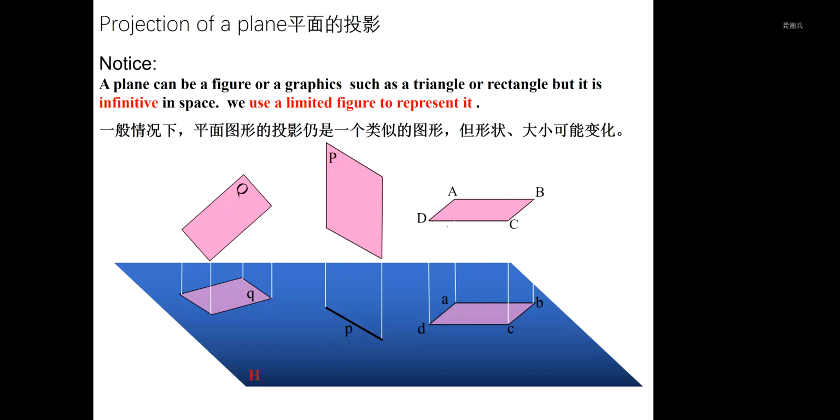Sometimes we find a plane can be a figure or graphic, such as a triangle or rectangle, but it is infinite in space. We use limited figures to represent it. In this picture, the plane in space is unlimited, but sometimes it is difficult to represent an unlimited plane.